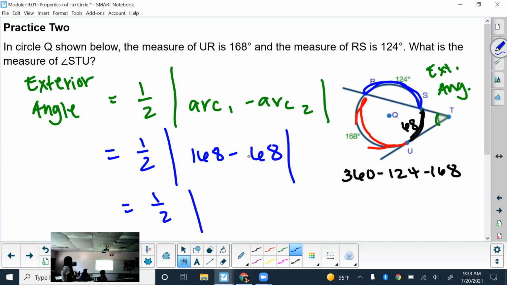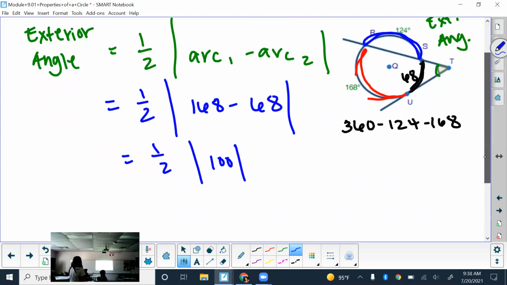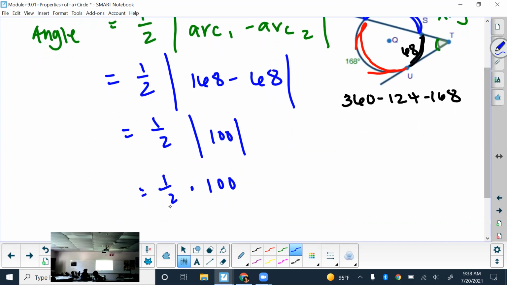So what's 168 minus 68? 100. The absolute value of 100 is what? 100. Good, because that's how many spaces from 0 100 is away from. And then what is half of 100? 50. So if you got 50 on your first try, good job.